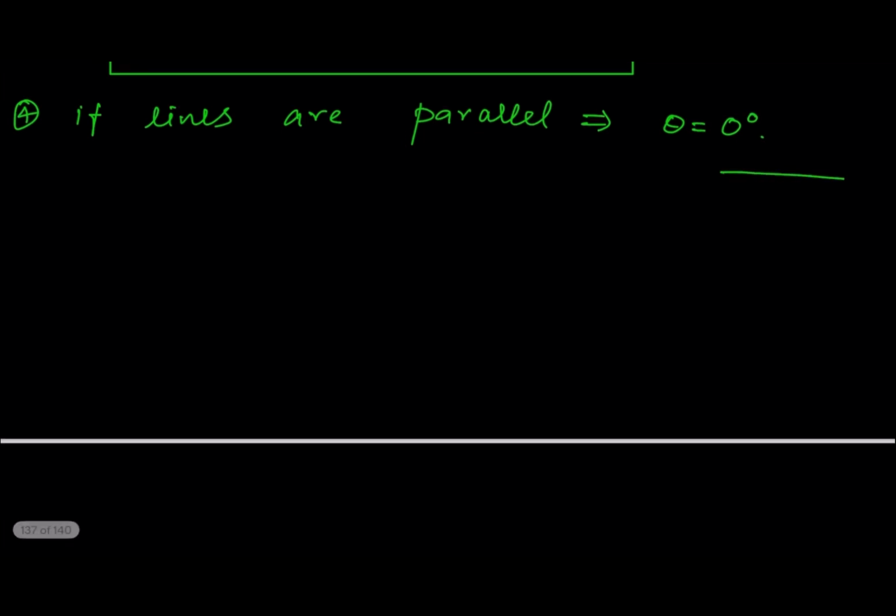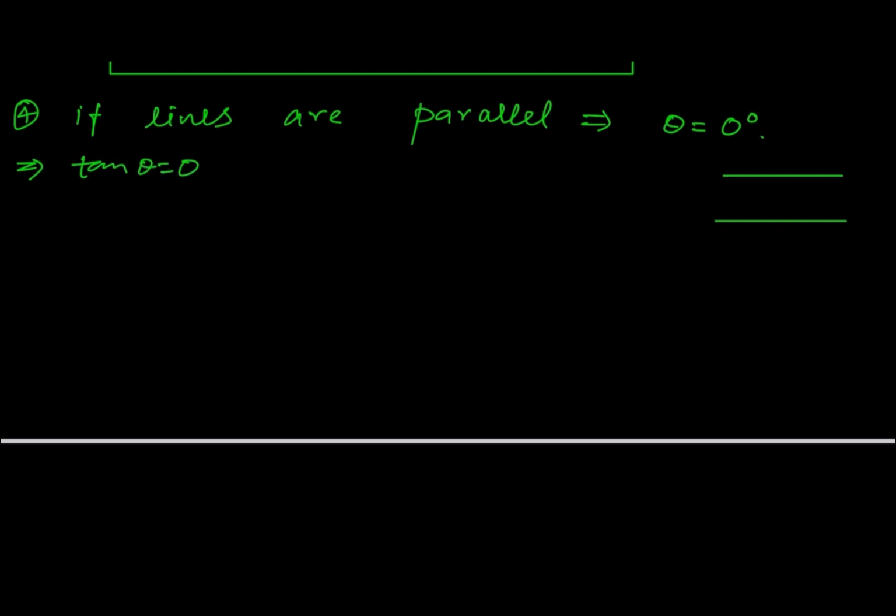Note 4. If lines are parallel, lines are parallel implies theta is equal to 0 degree. Okay, like this. So theta is 0 implies tan theta is 0.